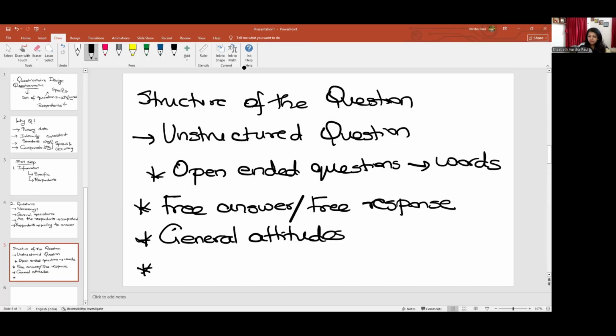When I say general attitudes, they're able to express in their original forms what beliefs and attitude I have towards a particular product. So unstructured questions are generally used in exploratory research.